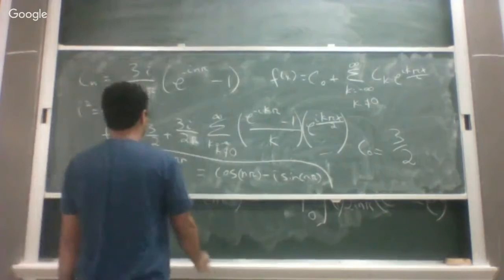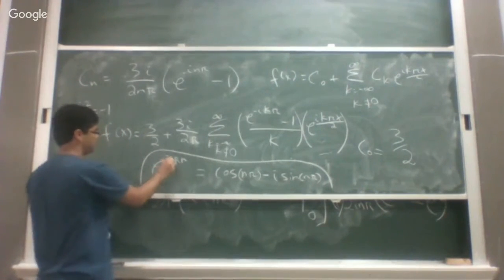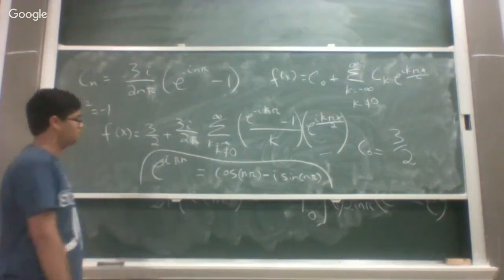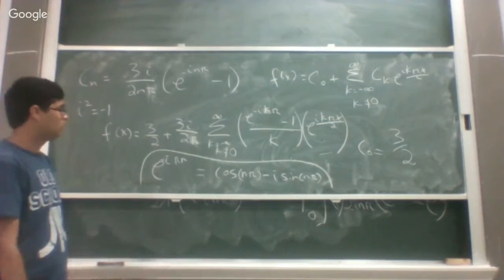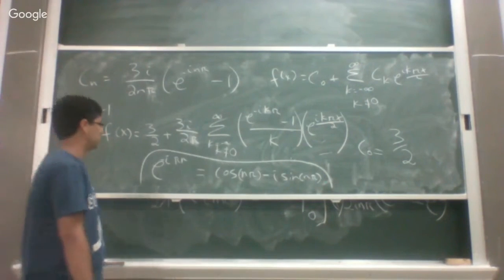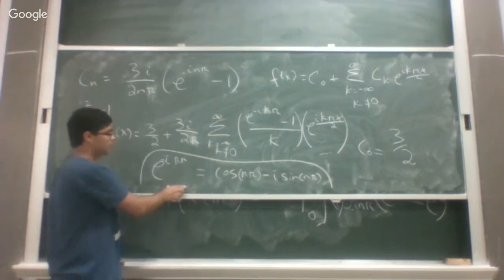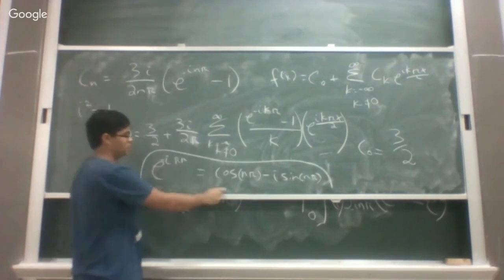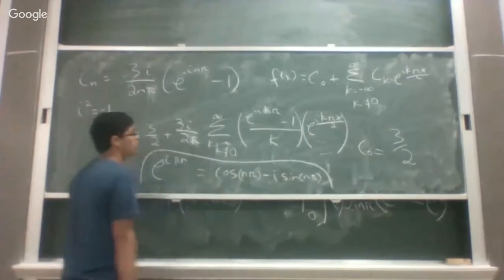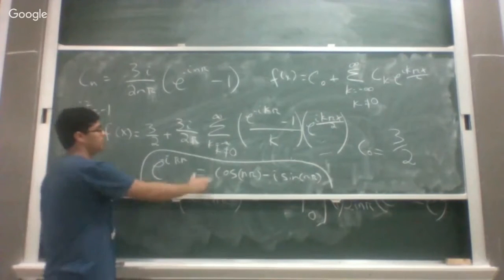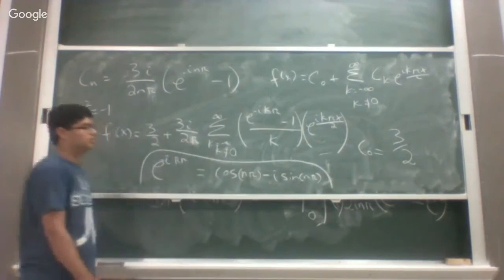Because normally it's a plus, so if you put a negative i up here, it's a negative i here. Yes, so when it's a negative i up here, it's a negative i there. So we need to make that substitution right there.